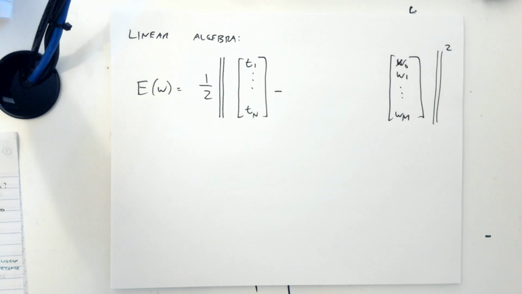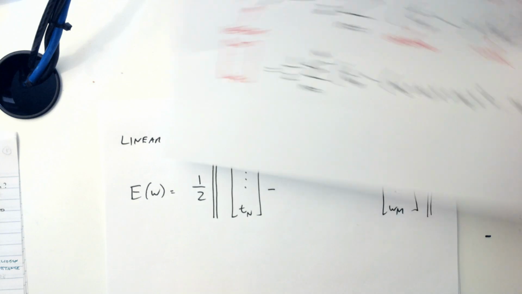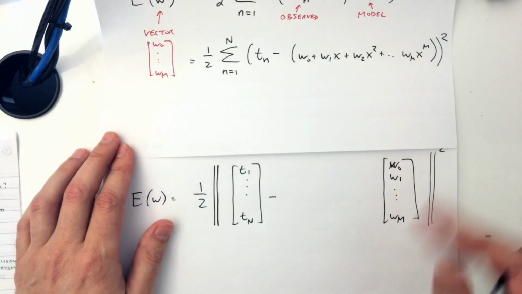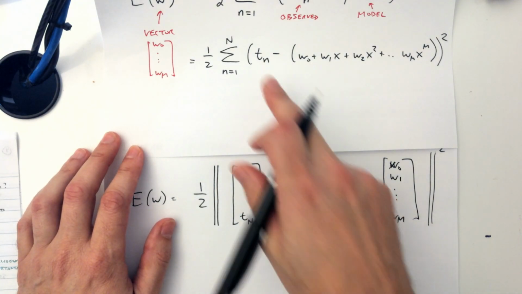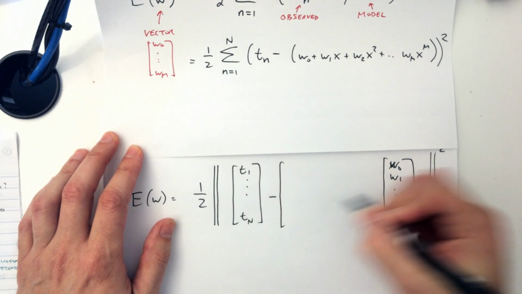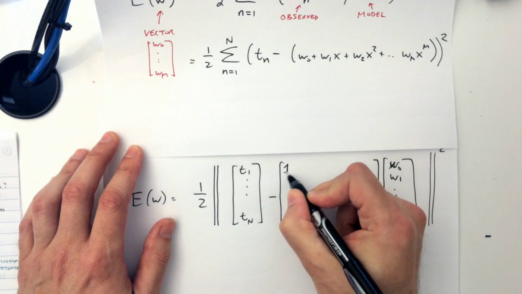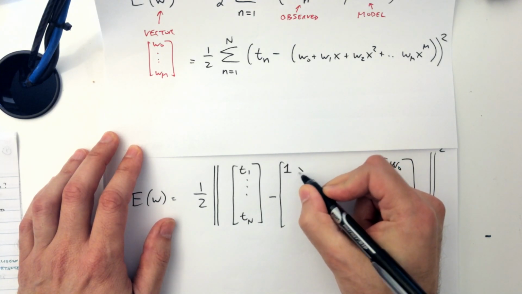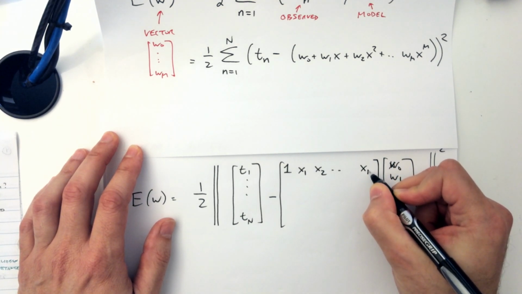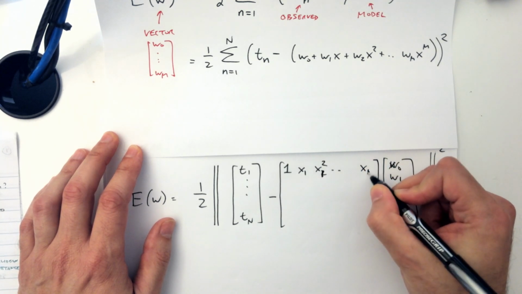So how do I map this function onto this linear algebra problem? Basically the first row is like saying t1 minus this function of x1. So here, what has to go is basically saying I multiply w0 by 1, I multiply w1 by x1, w2 by x1 squared, dot, dot, dot, up to x1 to the m.